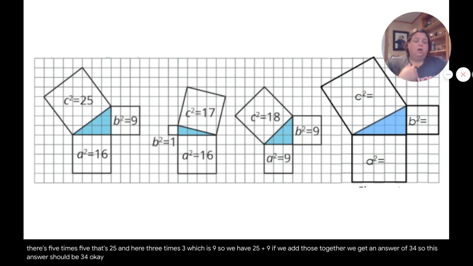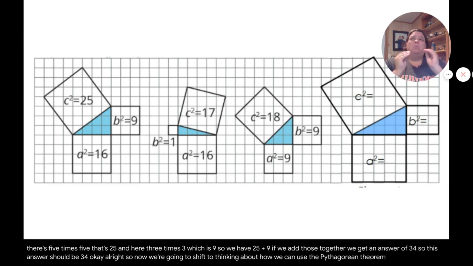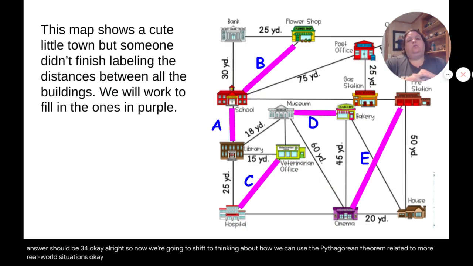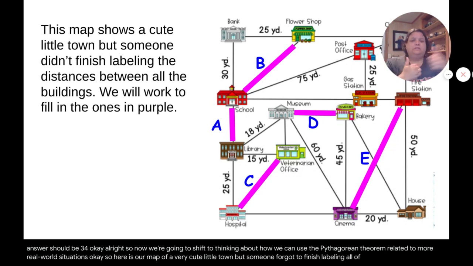Okay? All right. So now we're going to shift to thinking about how we can use the Pythagorean theorem related to more real world situations. Okay? So here is our map of a very cute little town, but someone forgot to finish labeling all of the distances.